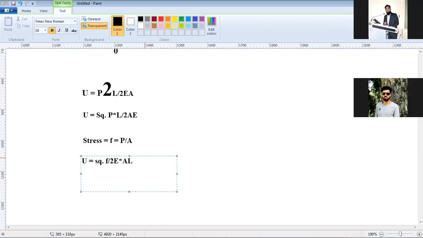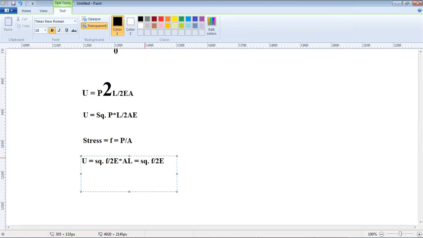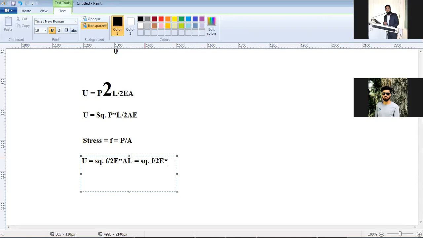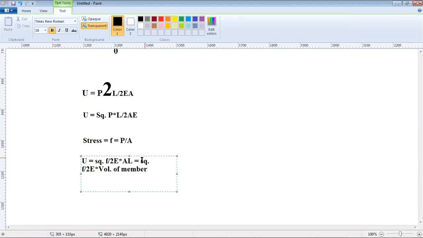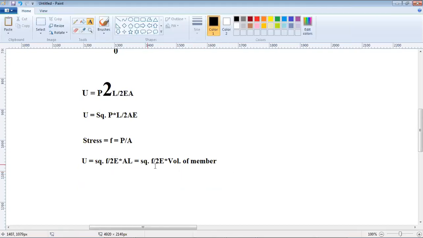So you actually have this equal to square of F divided by 2E into volume of the member, because the volume of the member is A into L. So thereby we can say that U is equal to square of F by 2E into volume of the member.